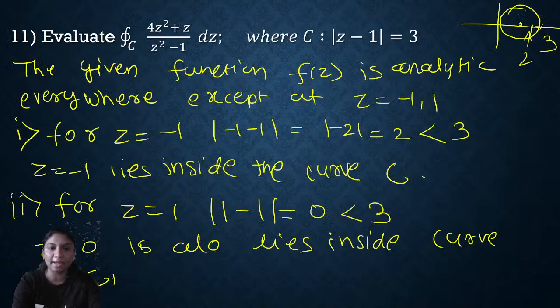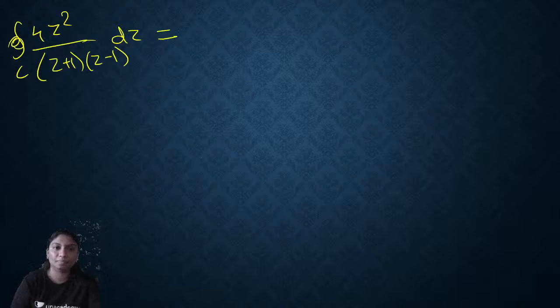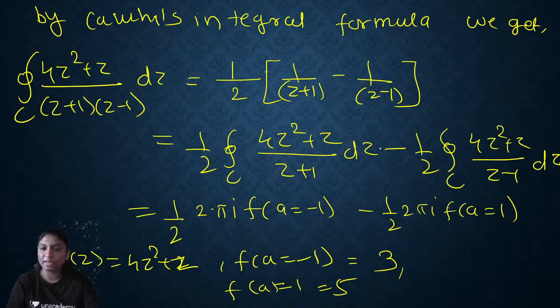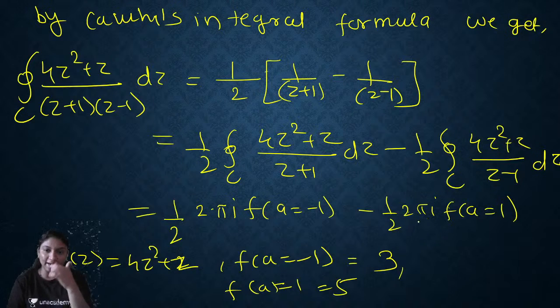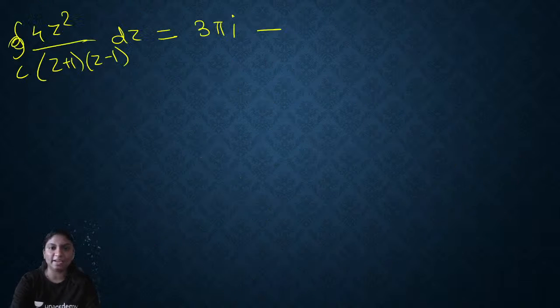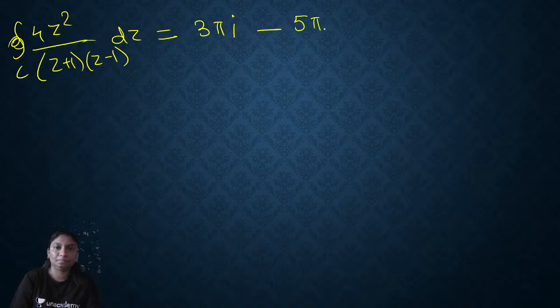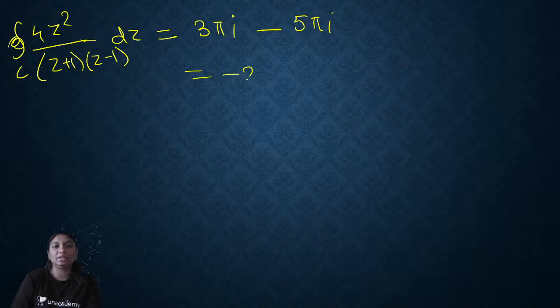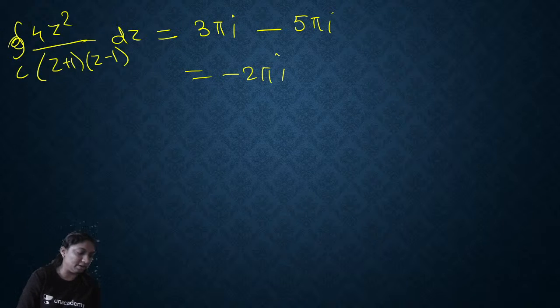So 3 pi i, minus, here the 2 gets cancelled out, f of 1 is 5. So 3 pi i minus 5 pi i, minus 2 pi i. So you will get minus 2 pi i as the final answer.